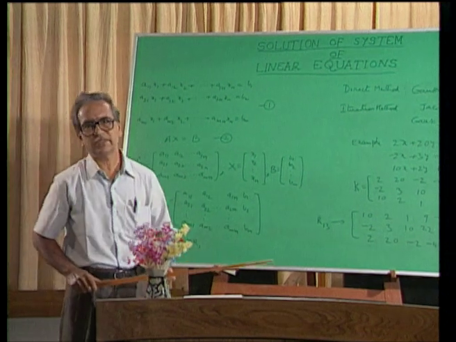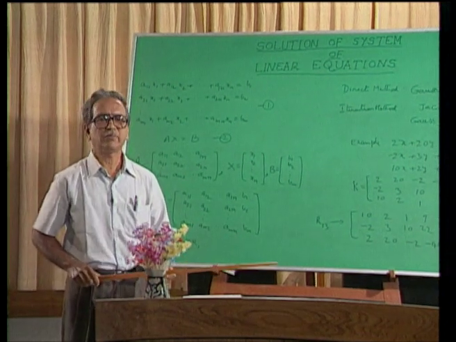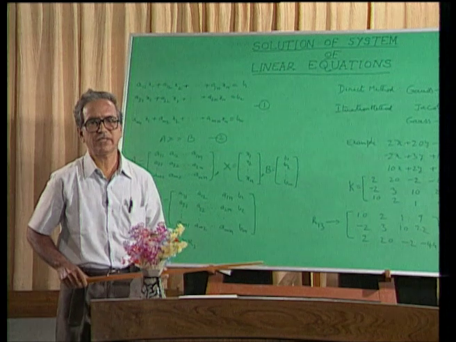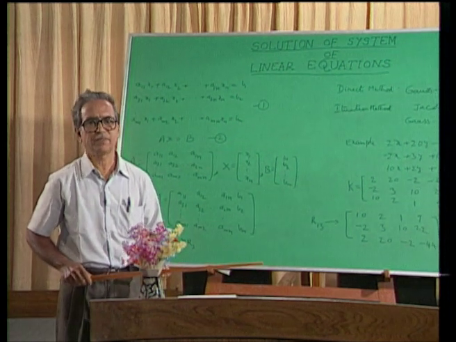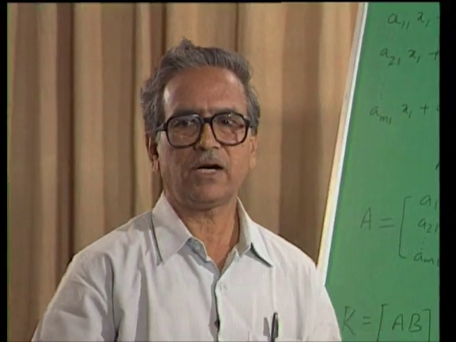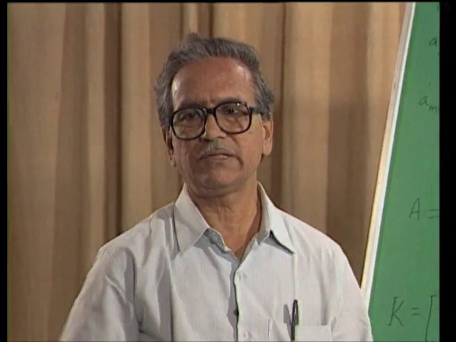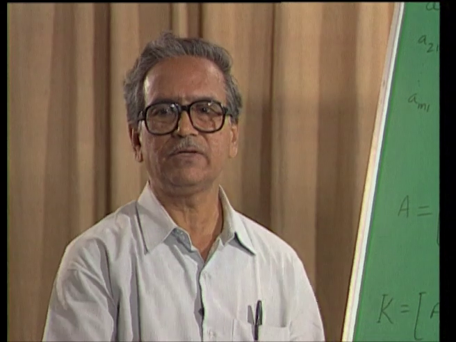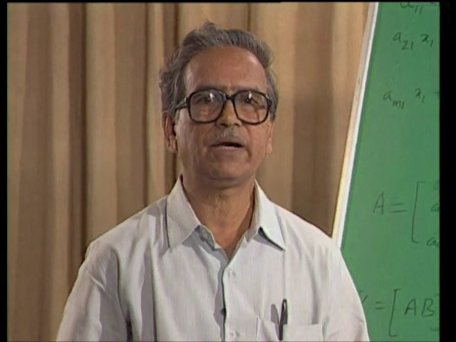This Gauss-Jordan method is a slight modification of our familiar elimination method. Because the augmented matrix K represents the system of equations completely, we will deal with the augmented matrix K. You are familiar with the elementary row operations on a matrix.